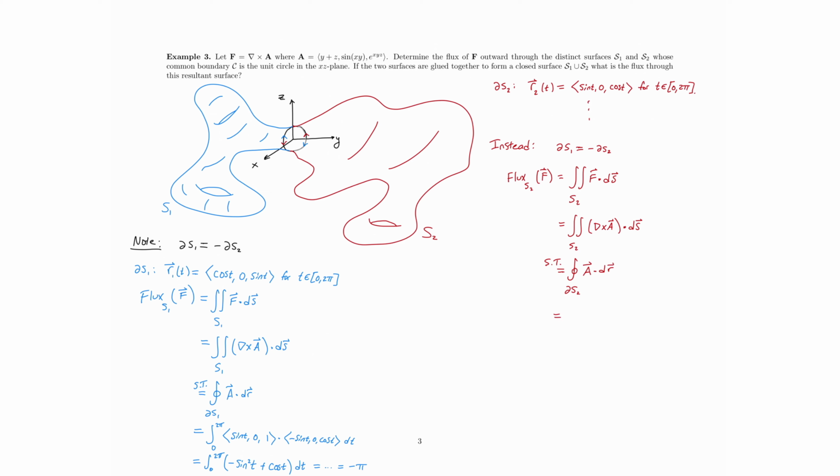Well, here's the thing. Since we know that del S1 is negative del S2, this is also the same thing as saying del S2 is equal to negative del S1, right? They're opposites. Doesn't matter what side that negative is on. So I can replace this del S2 with negative del S1, A dot dr. And if we reverse the orientation of a curve, all that does is put a minus sign in front of it.